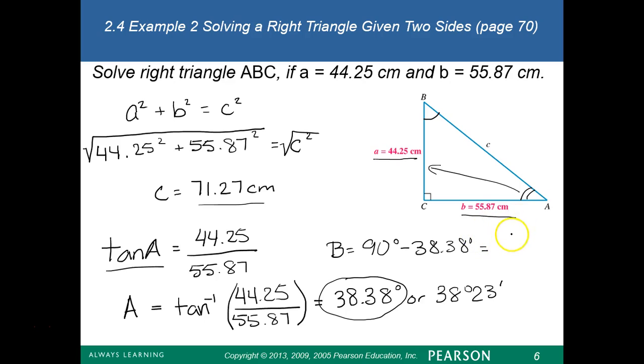And you will get 51.62 degrees, or in degrees and minutes, you get 51 degrees and 37 minutes. There you go. That is solving a right triangle. We found angle B, angle A, and side c, all the information that was missing from our triangle. We're done.